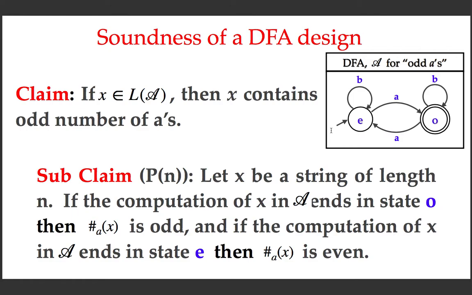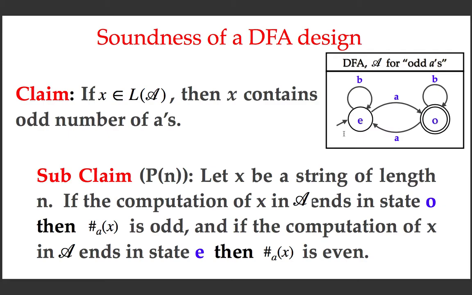in X is even. So basically we are claiming that given a string X of length n, if the processing of the input X ended in the state O, then the number of A's is odd. And if the processing of X ended in the state E, then the number of A's in X is even.